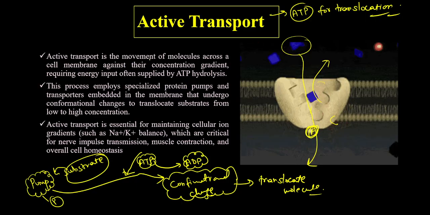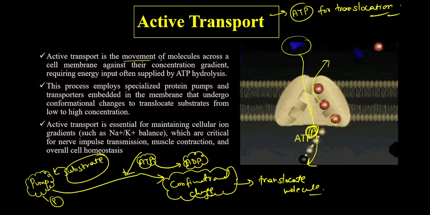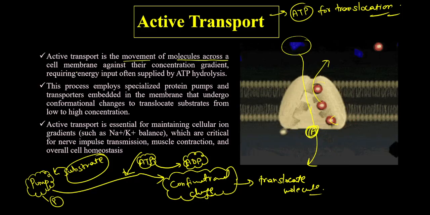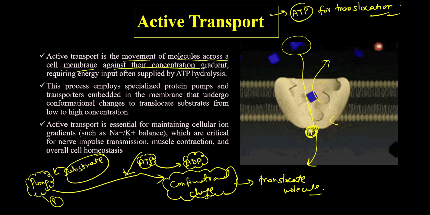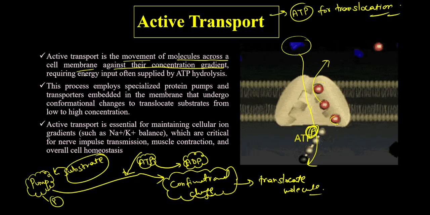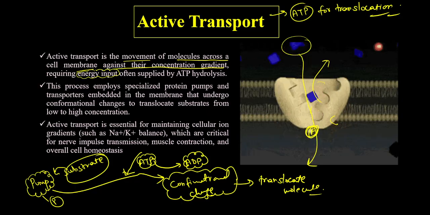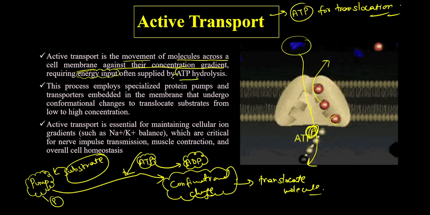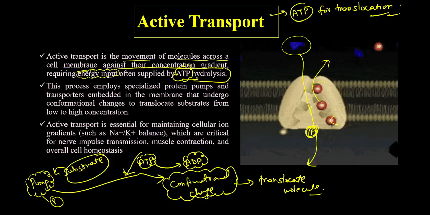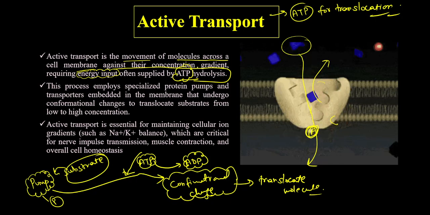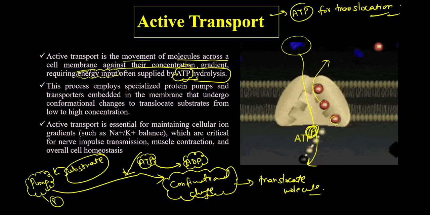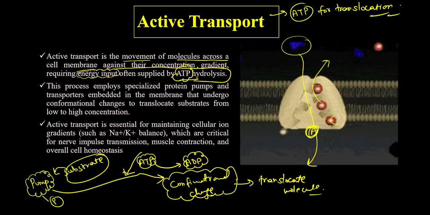So active transport is the movement of molecules across a cell membrane against their concentration gradient, okay, which will require energy input in the form of ATP. Okay, ATP hydrolysis will provide the fuel for active transport.